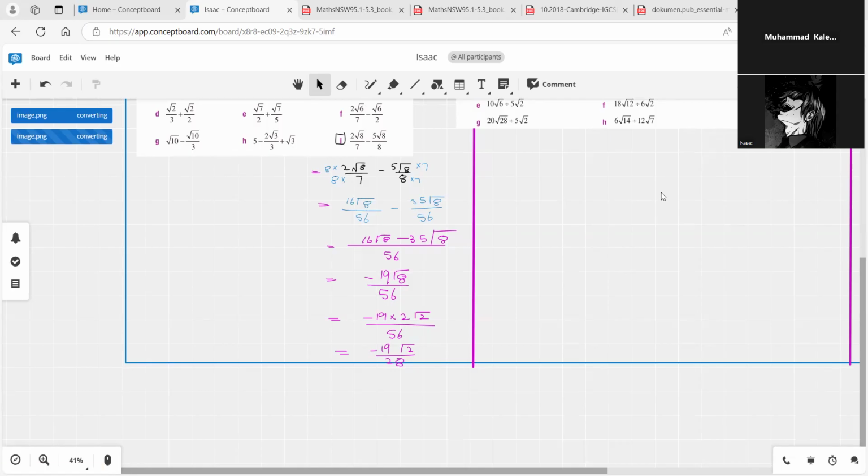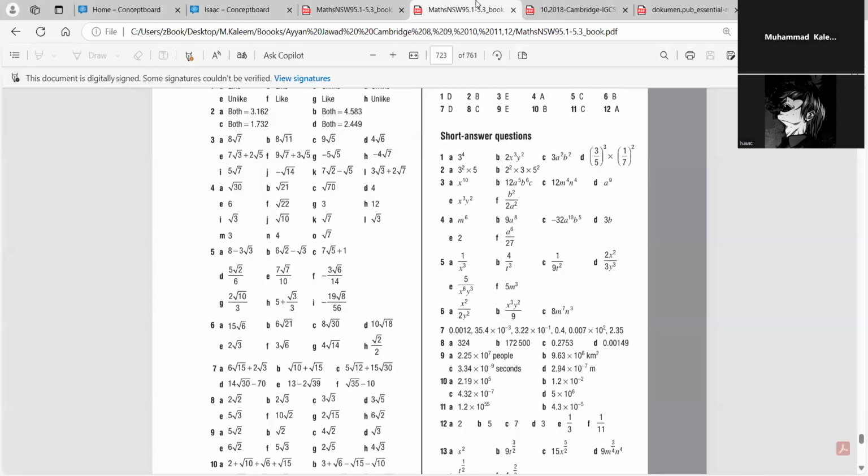I got minus 19 times 2 square root 2 over 56.